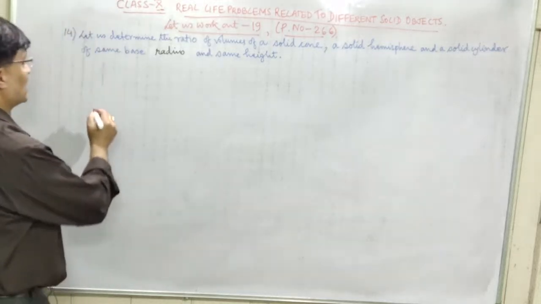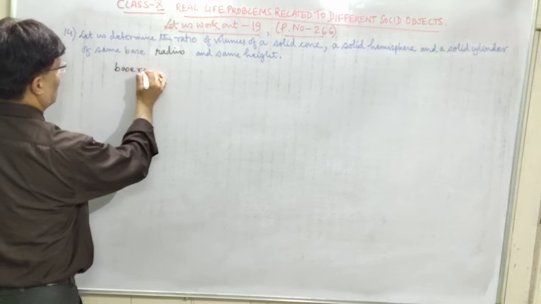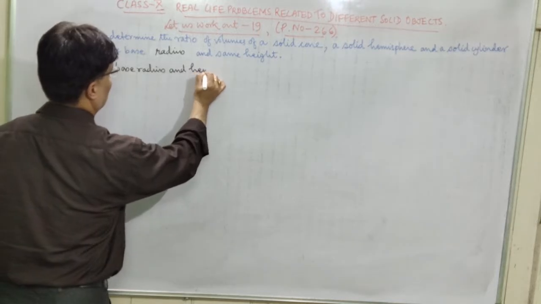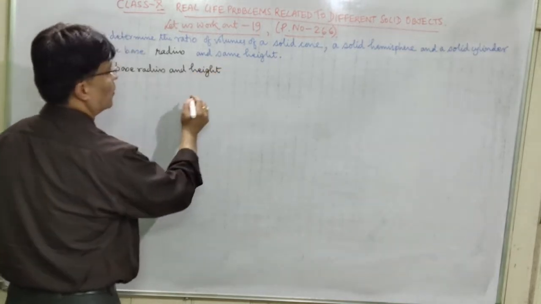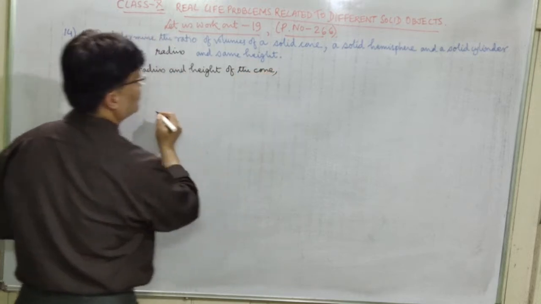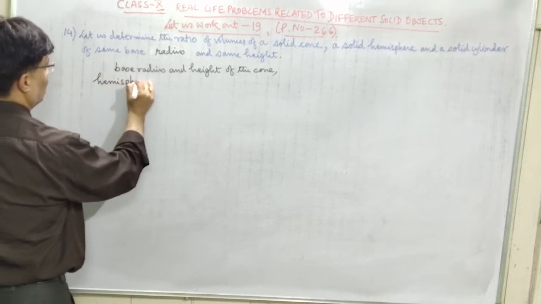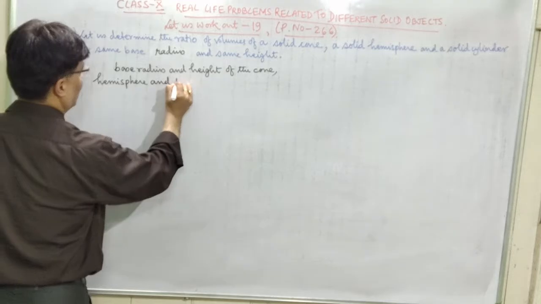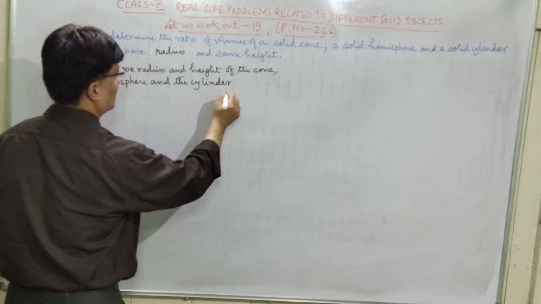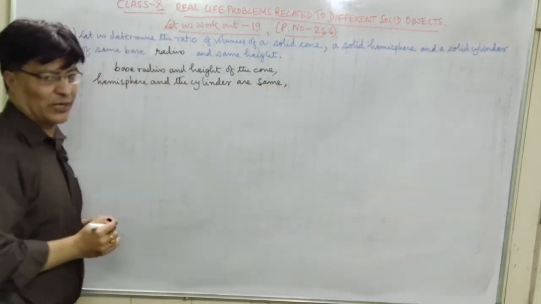So now in this case, let us write here the base radius and height of the cone, hemisphere and the cylinder are same, right?